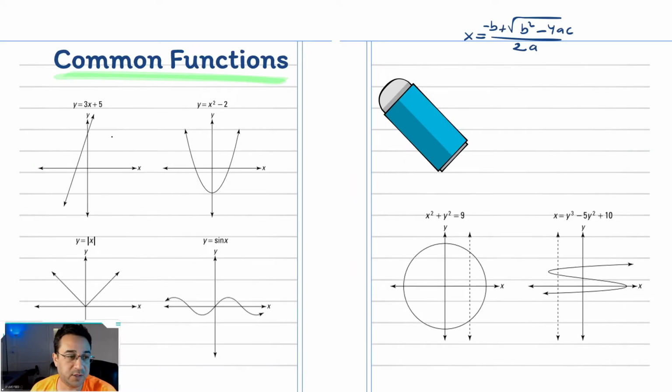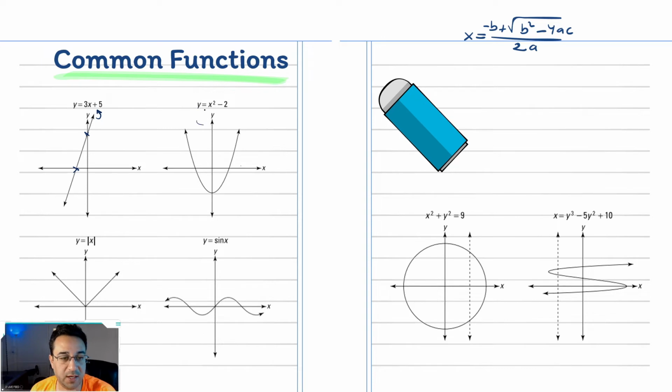For the common functions, if you have a function saying y equals 3x plus 5, as you remember, you use the needed equations to find the points where this function is crossing the y-axis and the x-axis, and you connect between those, and this line would represent this equation on the Cartesian.